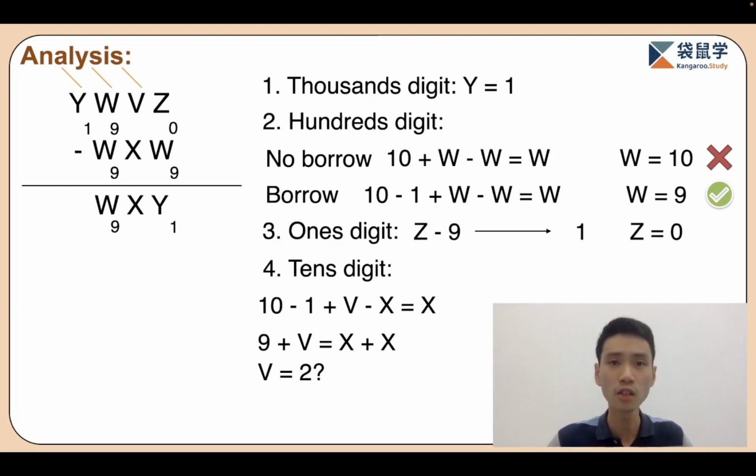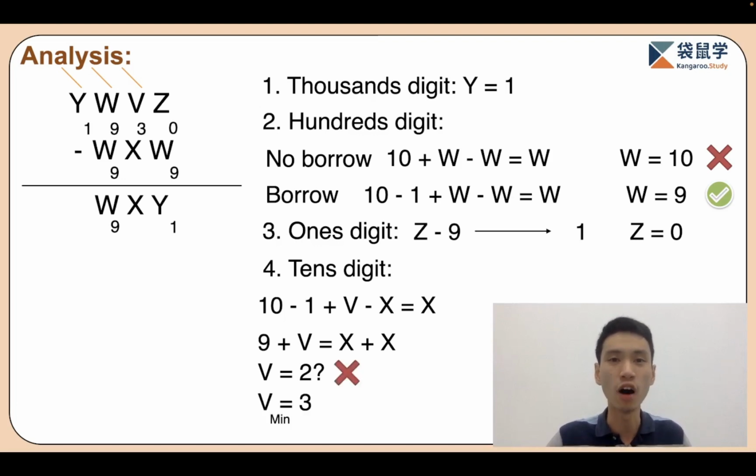Now, is that possible? Also no. Why? Because if V is 2, we cannot get a possible X digit. So we can try V is 3. Now, is V equals 3 possible? Yes, it is. We can get an X value if V equals 3. So the minimum possible V is 3.